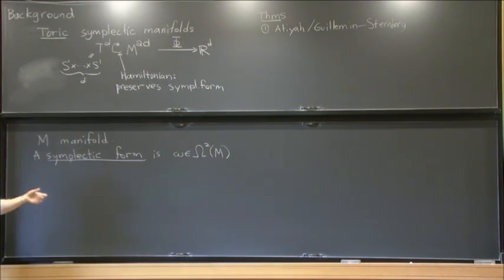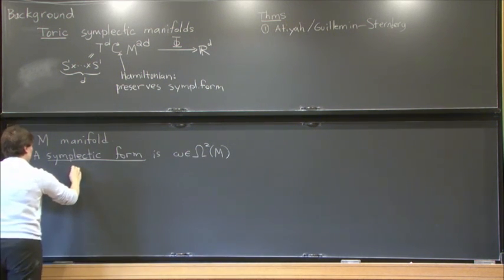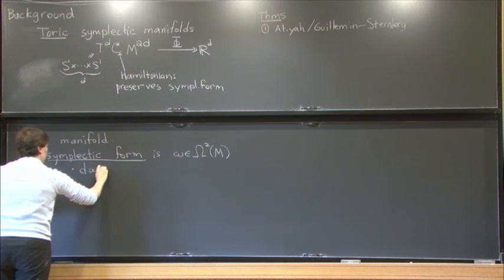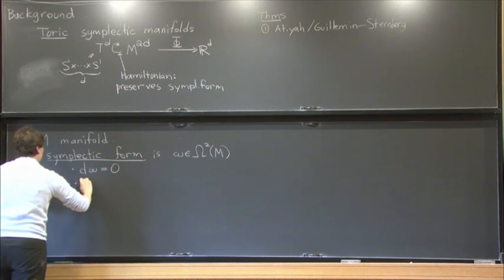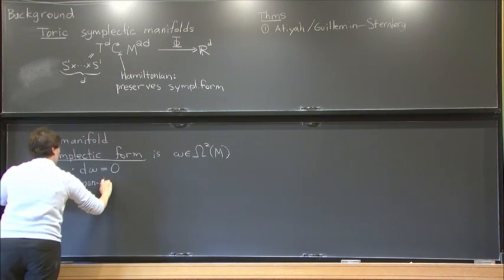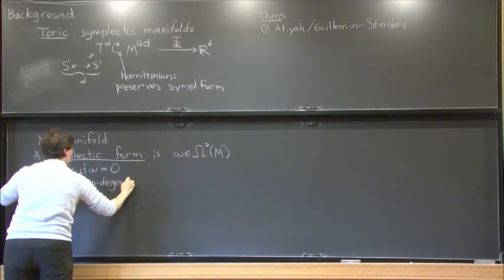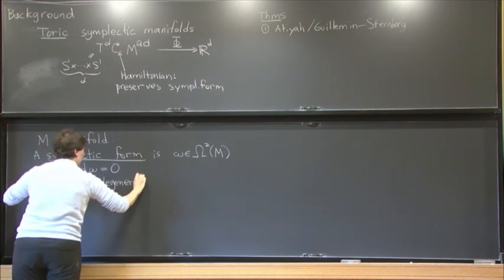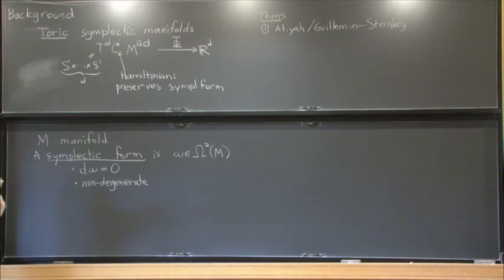That means that at any tangent space, it eats two tangent vectors and spits out a number. And it should be closed and non-degenerate. Non-degenerate means that at any point, if I have a non-zero tangent vector, there must be some other non-zero tangent vector so that the symplectic form spits out a non-zero number. So there's always a symplectic buddy that pairs non-zerally.